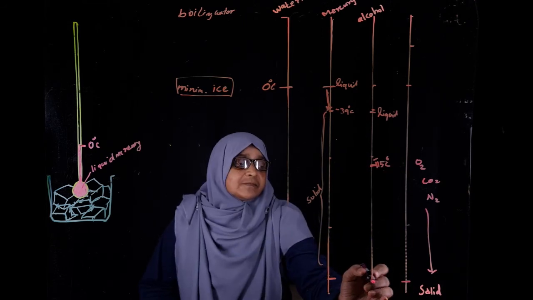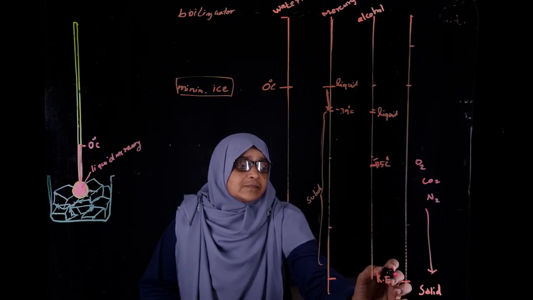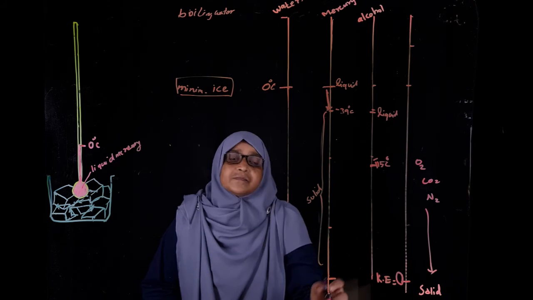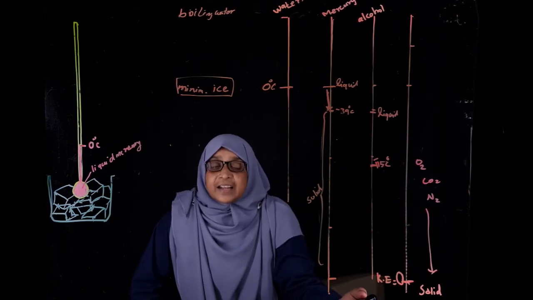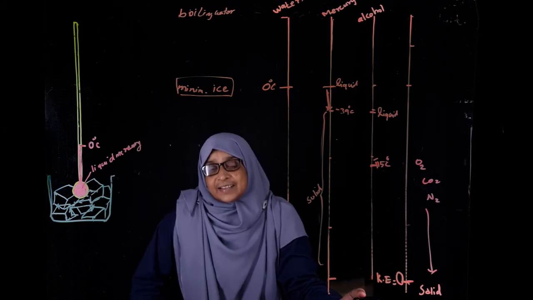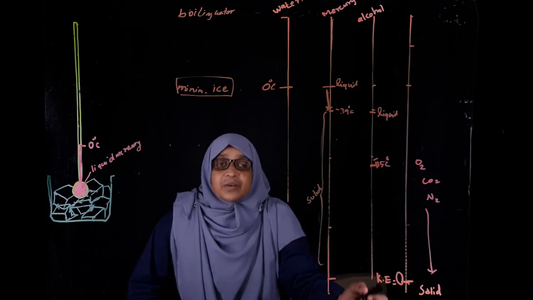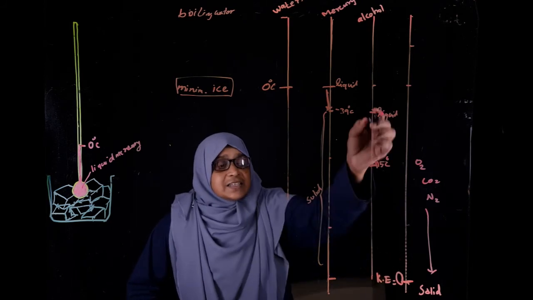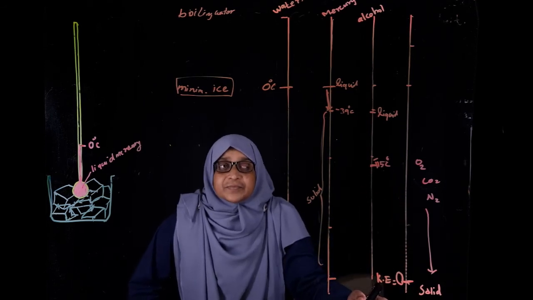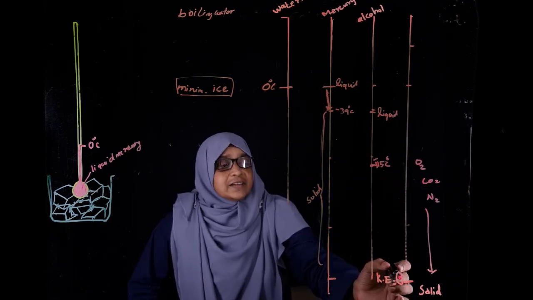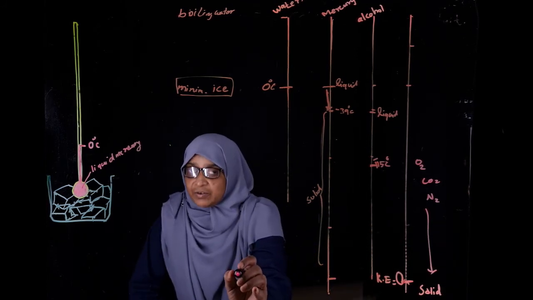Then at this temperature, the kinetic energy of all the particles is zero. It is called the absolute zero temperature. This is the minimum value of temperature that particles can reach. So this is called absolute zero.